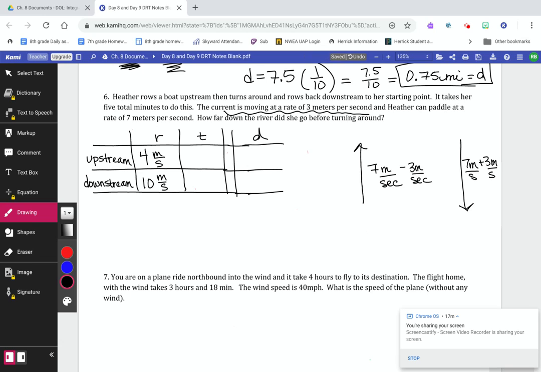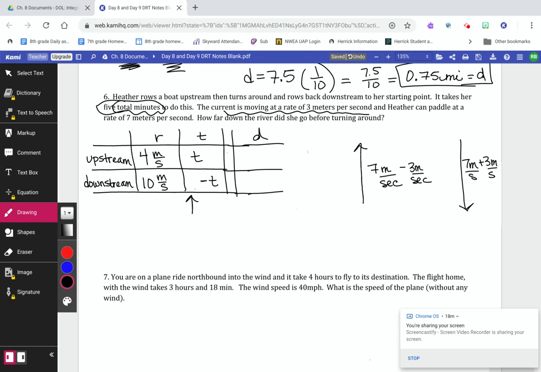Okay, so this whole entire trip took 5 minutes. So we're actually given the total time. So we have to be careful here. So we'll say, okay, time upstream is t. But if the total time is 5 minutes, we're going to take away the time upstream from the total.